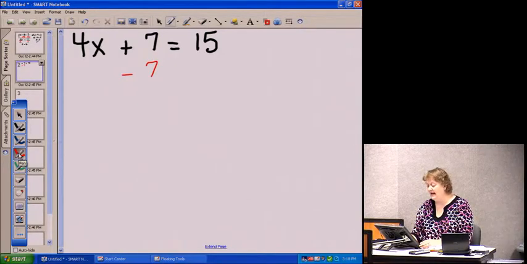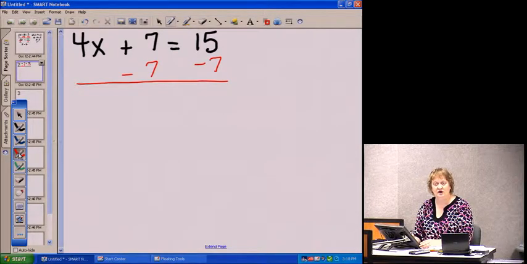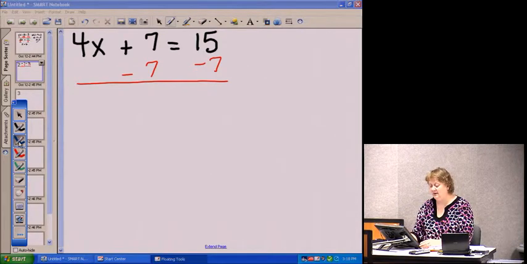What we do to one side, we have to do to the other side. And again, I'm showing that subtraction by drawing it underneath and drawing a line underneath both sets so that that looks like a subtraction. Then I have plus 7 minus 7, adding to 0, and then I can come back over here and combine my terms.